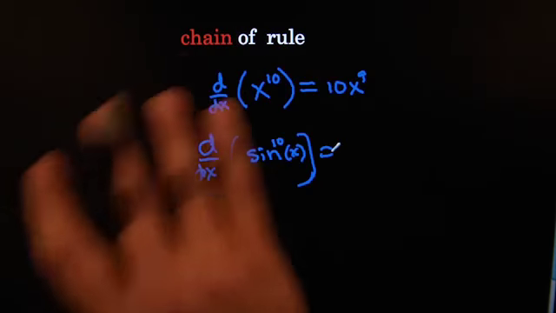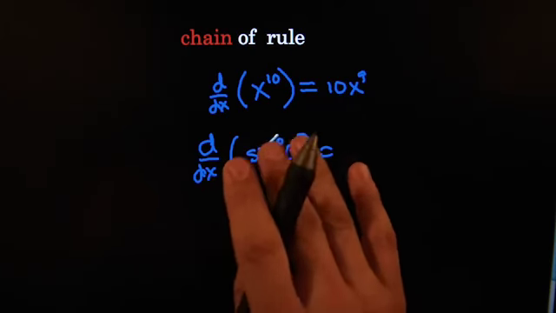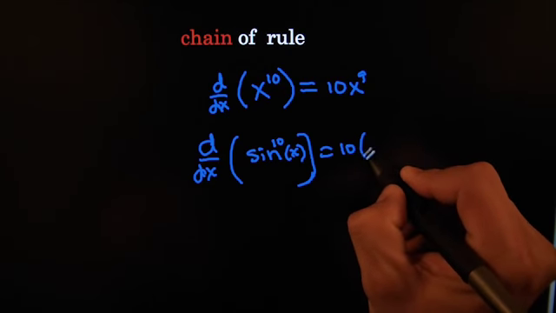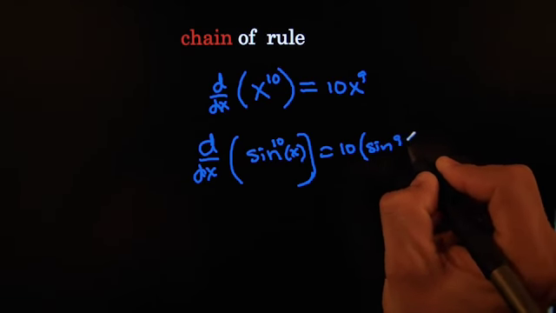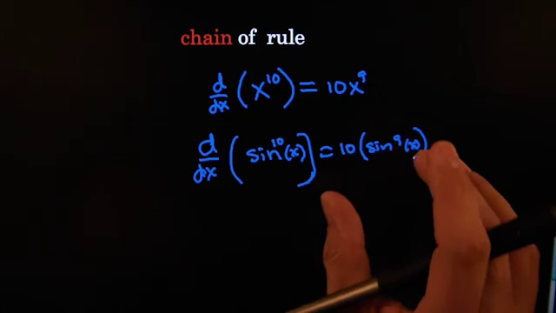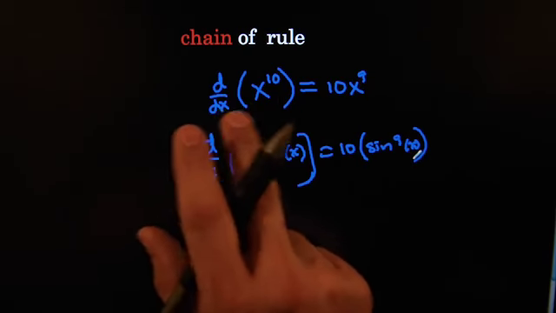But the chain rule says, no worries, this is my domain. It looks like something to the 10th power, so all you do is you take the 10 and you do sine to the 9th of x. Okay? And that's pretty much it. Yeah, if you stop there, your conscience should feel a little bad, like you're doing something wrong. It would be fine if it was x to the 10th.